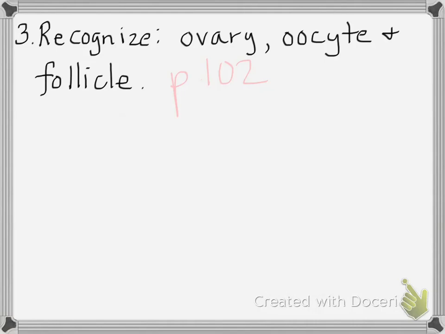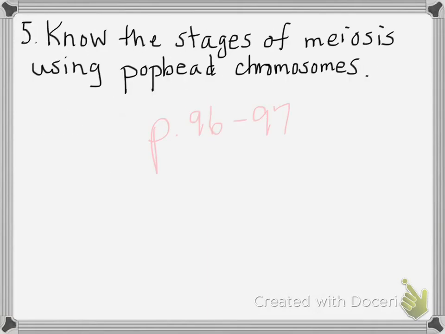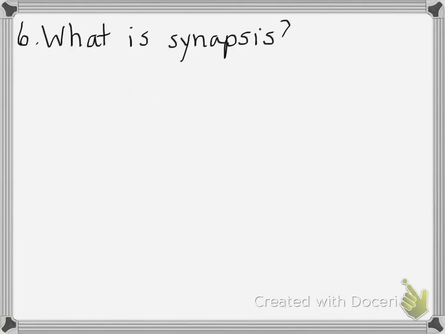The word hormone's not going to be on your test, the word testosterone specifically. Okay, so our sex organs have two functions: make our sex cells, make our sex hormones. Got that. Okay. We did that.